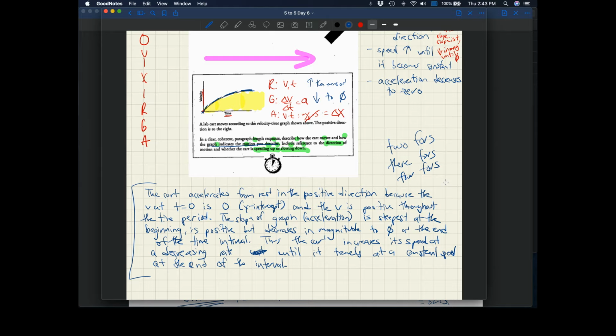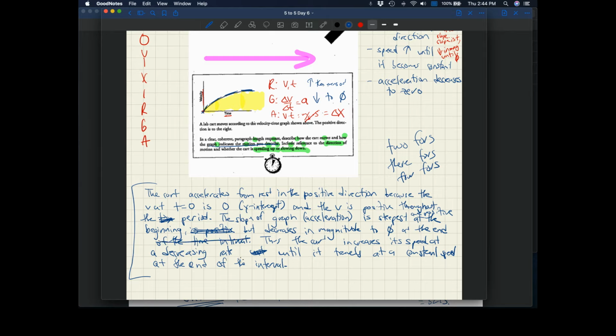The cart accelerates from rest in the positive direction because the v at t equals 0 is 0, and the v is positive throughout the period. The slope of the graph is steepest and positive at the beginning, but decreases in magnitude to 0 at the end.